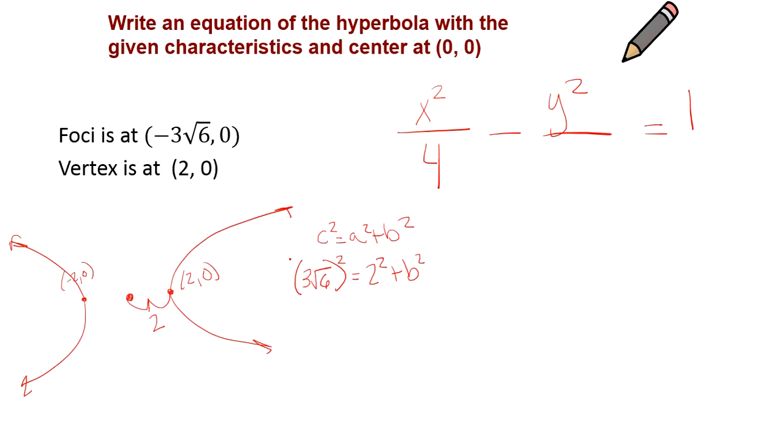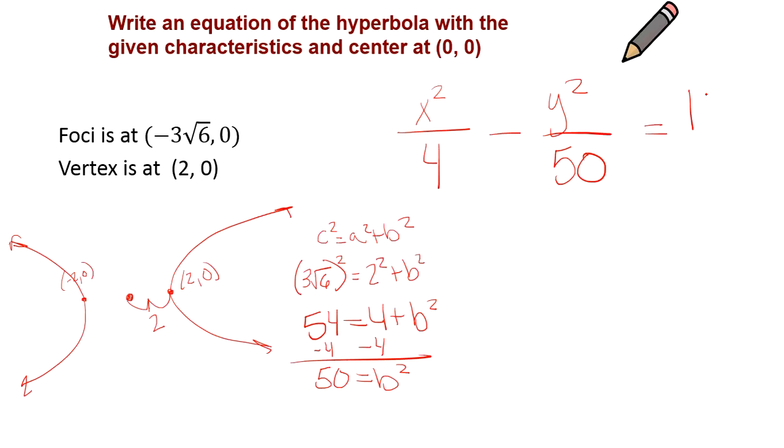Because remember, c is the distance from the center to the foci. 3 square roots of 6, squared, would be 9 times 6, so 54. Subtract 4. So I get 50 equals b squared. So I can immediately put that 50 below there, because that is my b squared below the y squared.